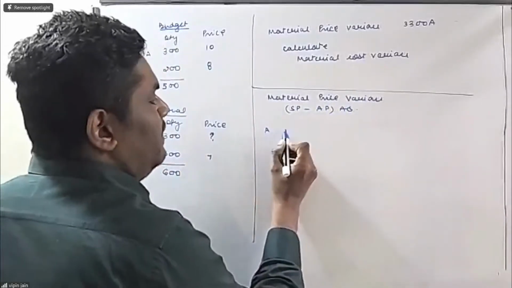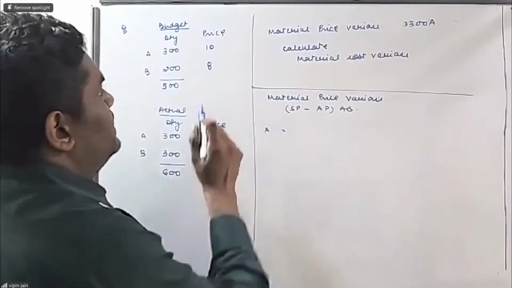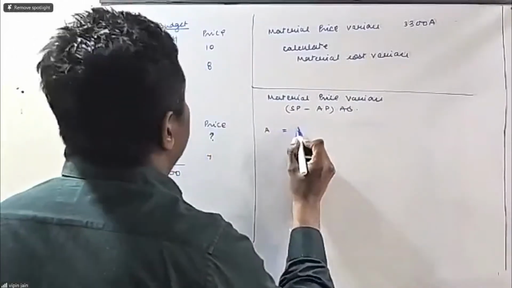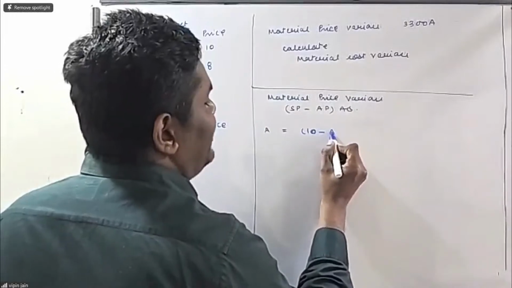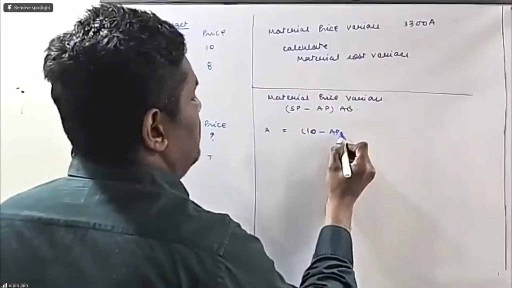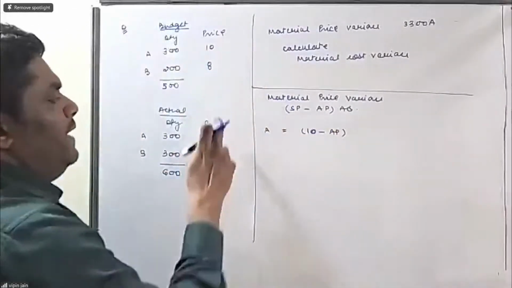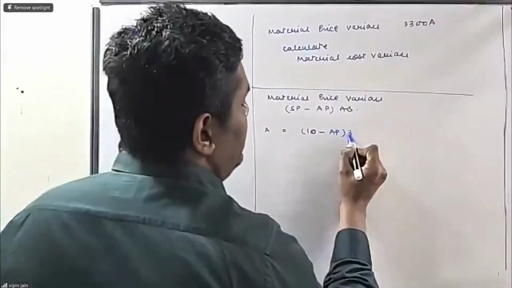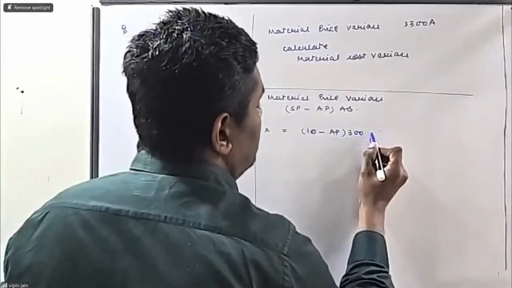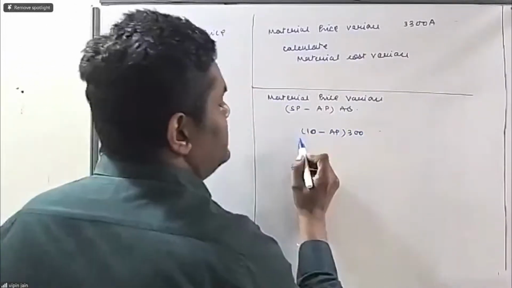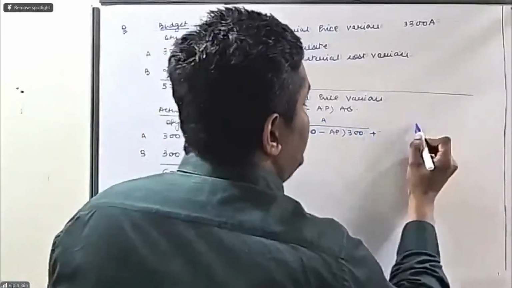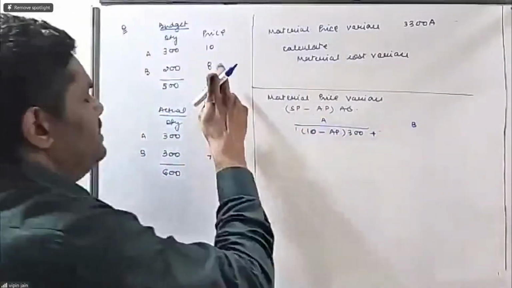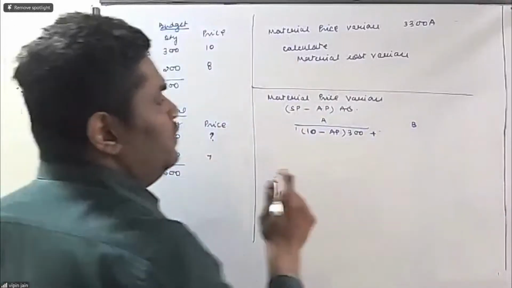So for A, this will be standard price, that is 10, minus actual price, into 300. This is for A. Plus for B, this will be 8 minus 7 into 300.